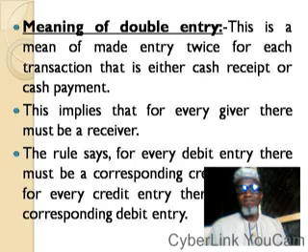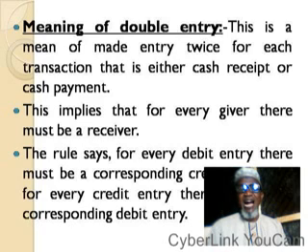This means that whenever you are a giver, there must be a receiver, meaning that we are going to have two entries.